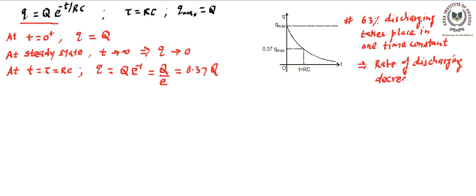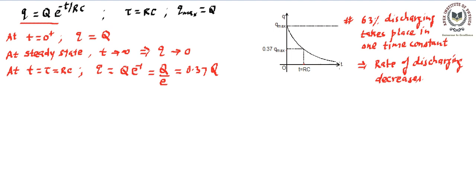Can you connect what I am trying to say? You should be able to. Rate of discharging decreases, that means it is faster discharging initially, over the time the discharging becomes slower. So that's how within one time constant you will find 63% discharging has taken place, and for the rest of the infinite time, the rest of the 37% discharging will take place. So that's initially faster. Or you can think of it, because we know this mathematical tool, if we draw the slope over here, we will find the slope will be higher in magnitude.